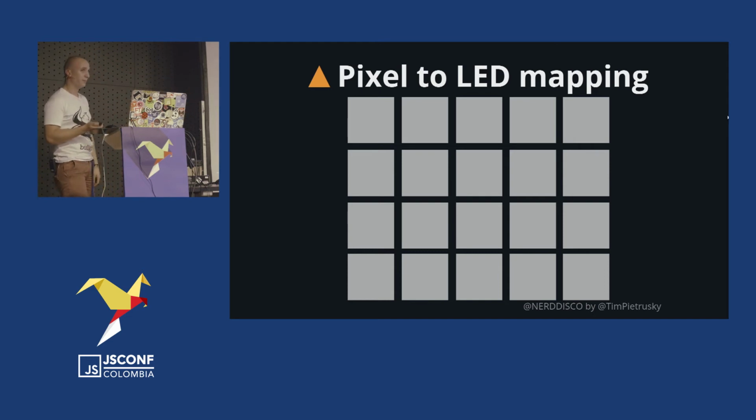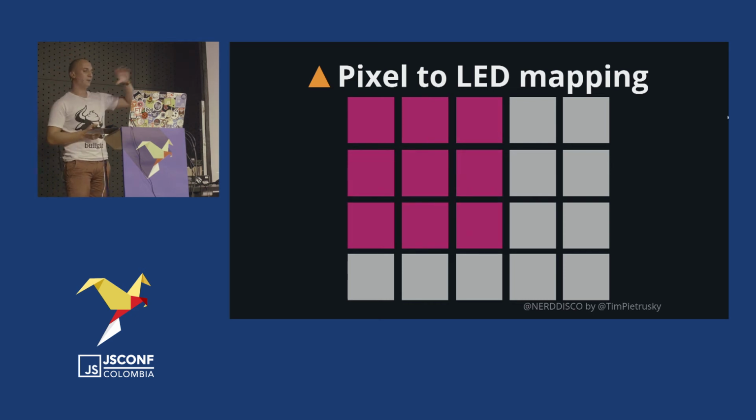And you could map one neopixel to one pixel, or one LED to one pixel, but the resolution would be very low. So what I'm doing here is I'm selecting a bigger area and calculating the average color of this. So in this example, I have a 3 by 3 pixel space, and this would be mapped to one LED.